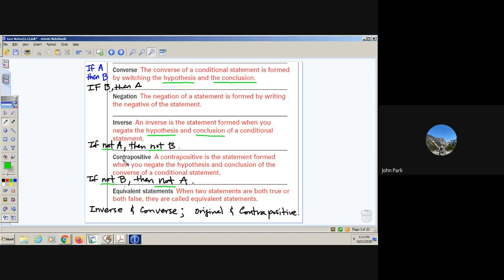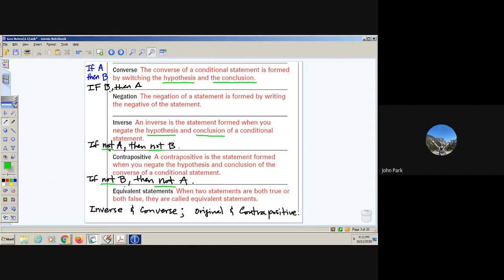That is what we call the contrapositive. So you can take any conditional statement using if-then and make it a converse, an inverse, or a contrapositive.